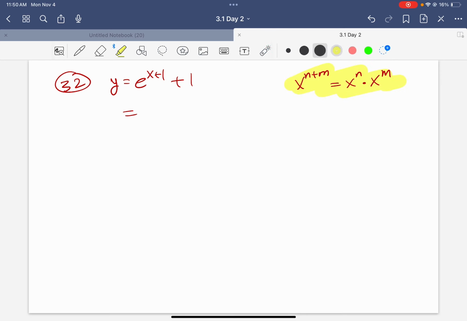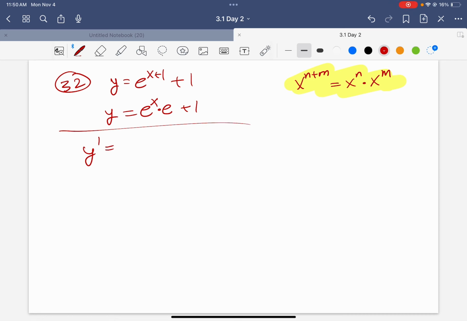So this is a tool, this multiplying like bases, that is helpful. So this is really e to the x times e, and now you're ready to take the derivative. So y prime is just, well, first I'm going to pull out this constant e, and then times the derivative of e to the x is just e to the x. And now I can add the exponents because I have like bases, and I have e to the x plus 1.